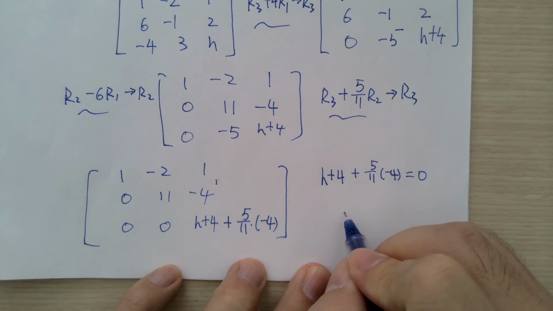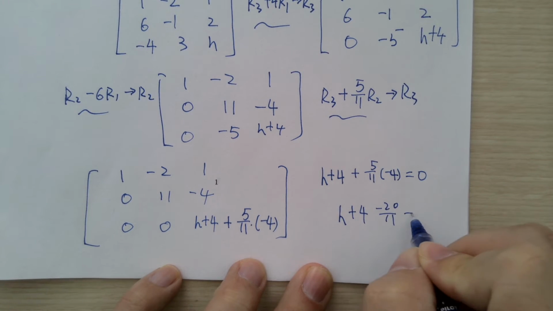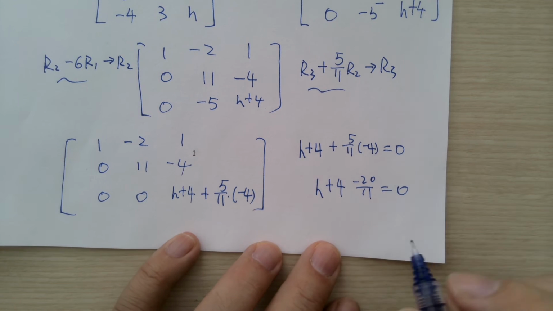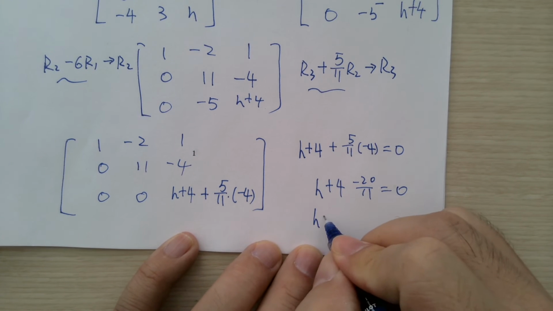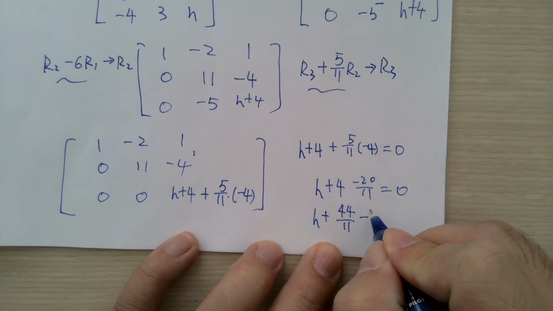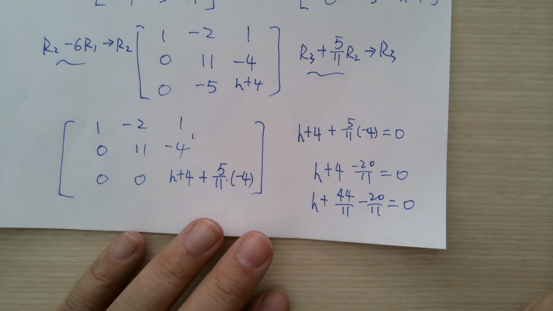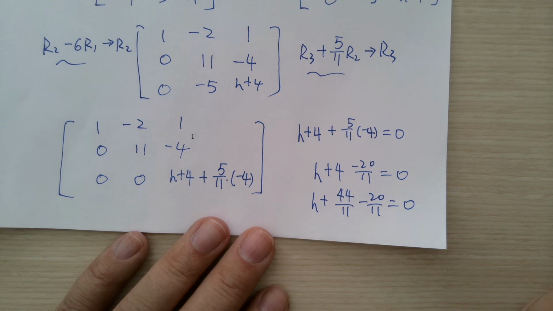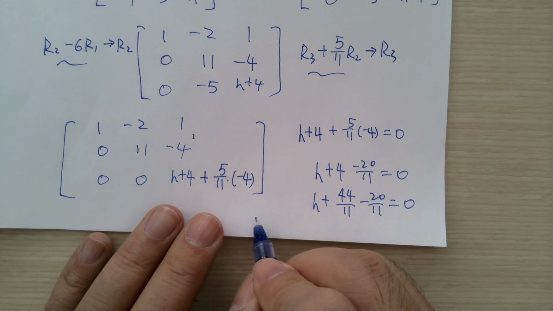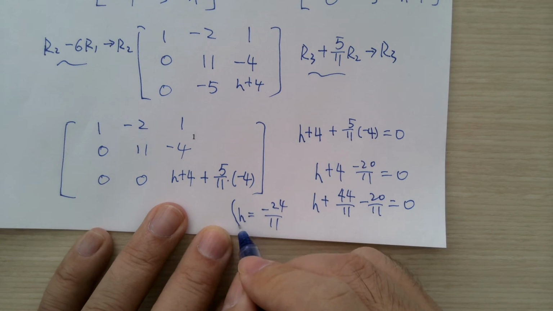That is, h plus 4 minus 20 over 11 equals 0. So h plus 44 over 11 minus 20 over 11 equals 0. And then easily you can figure out that h equals -24 over 11.